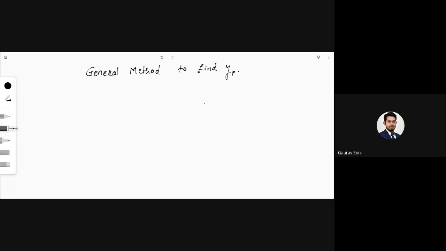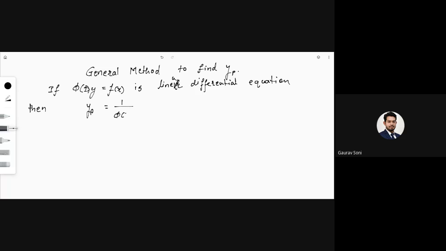The formula is: if phi of D acting on y is equal to f of x is a linear differential equation with constant coefficients, of course, then yp will be equal to 1 upon phi of D acting on f of x.